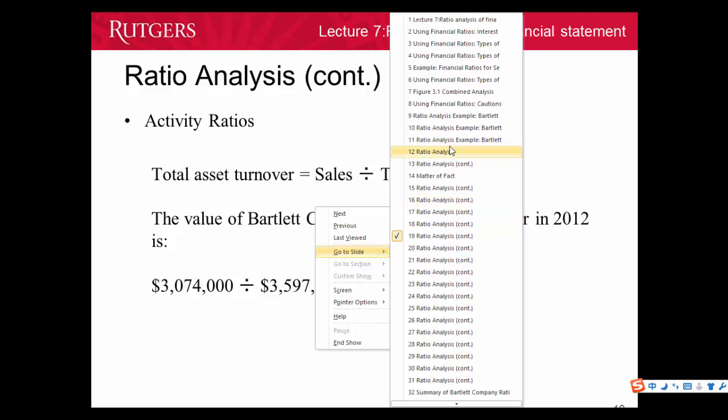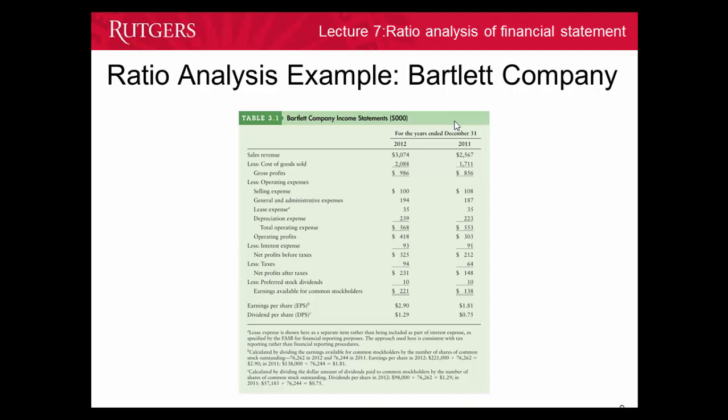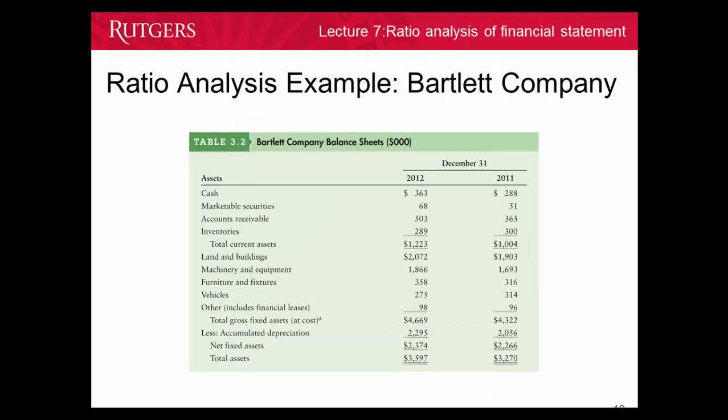We can find the total sales on the income statement, which is 3,074,000, and we can find the total asset here on the last line. It's 3,597,000.